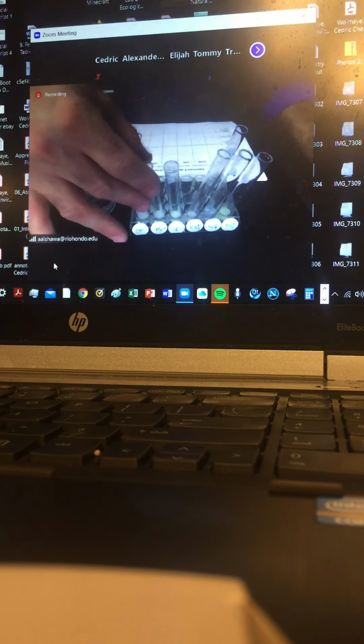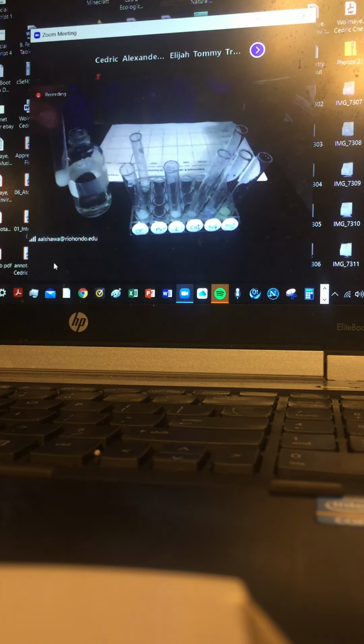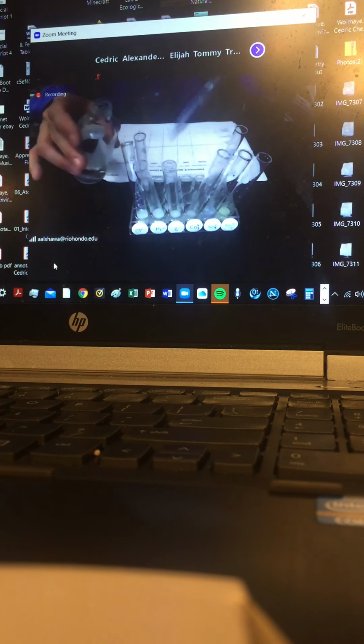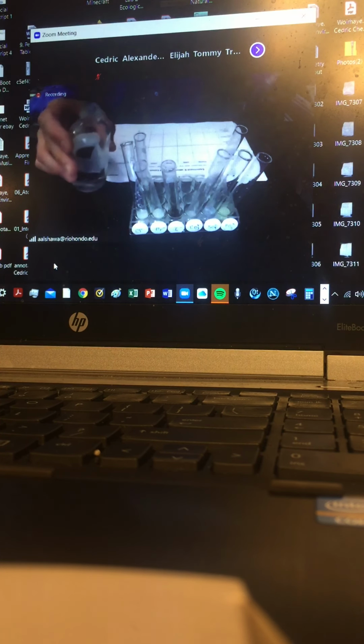For the bromide test tube, I want to add the same thing, nitric acid. Third, nitric acid.